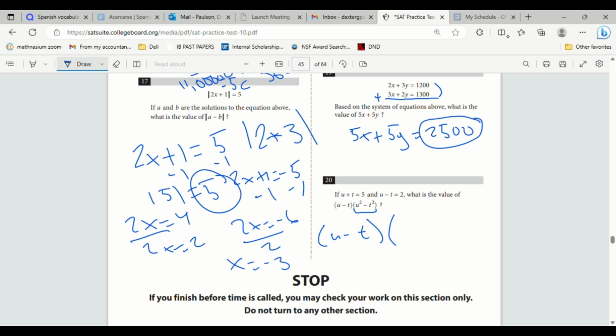Watch. u squared minus t squared becomes u minus t times u plus t, always. So now we have our expanded binomial, and we can substitute in our values. So u minus t is 2, u plus t is 5. 2 times 2 times 5 is 20.